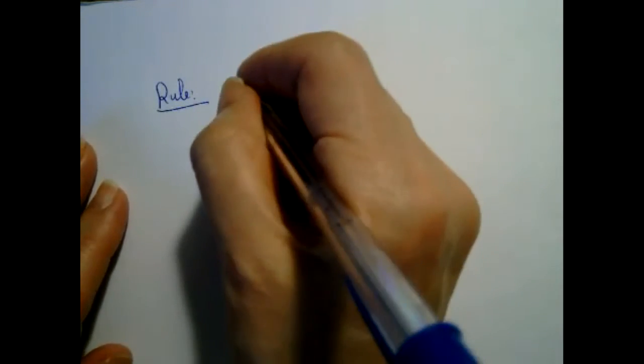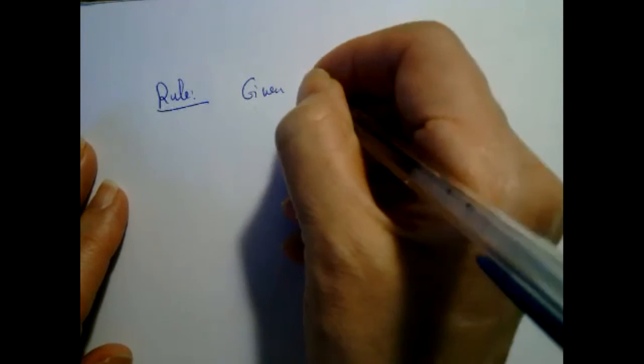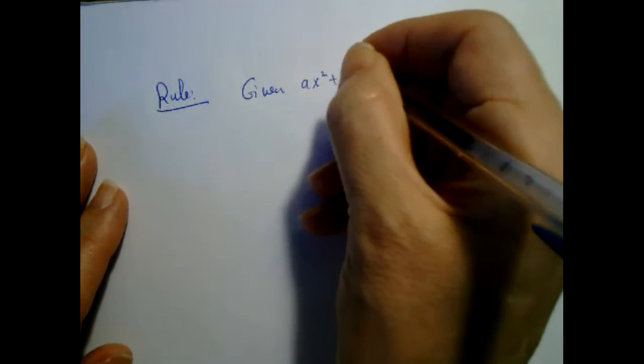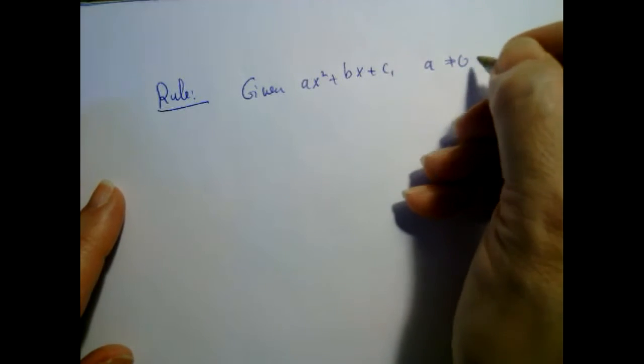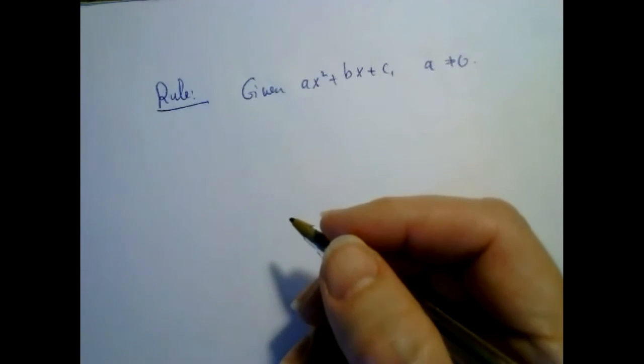So we're going to have the following rule. Given a quadratic expression ax squared plus bx plus c, with a different from 0, we have the following.